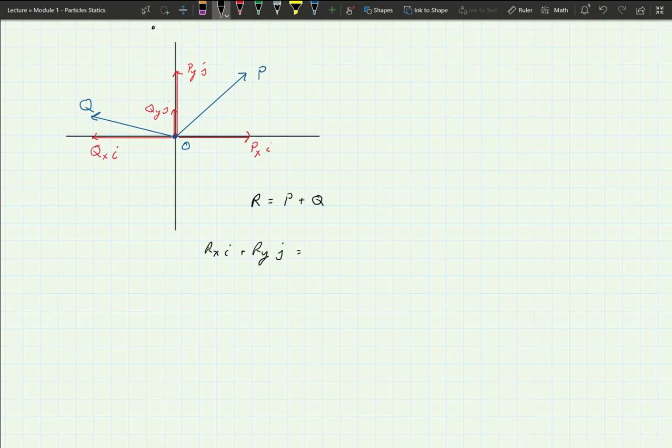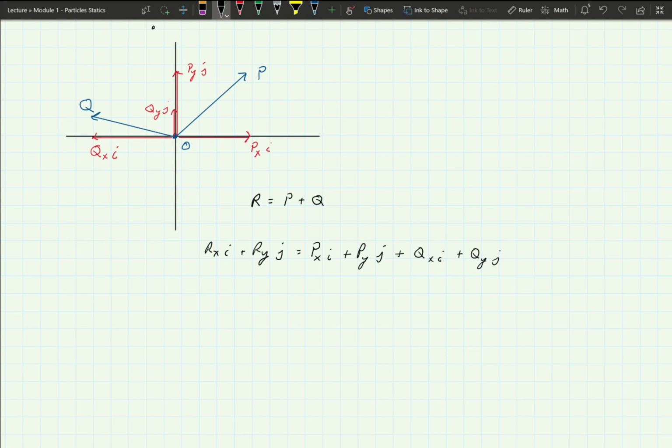That means we're looking at Px i plus Py j plus Qx i plus Qy j. I'm sure I got those all right. Yep. So really I just expanded upon this down to here and we should be good.